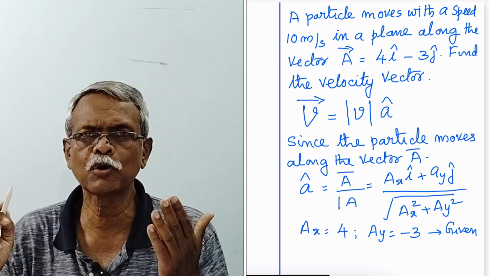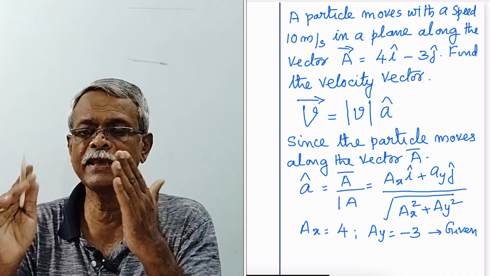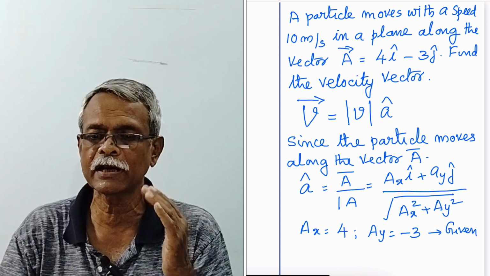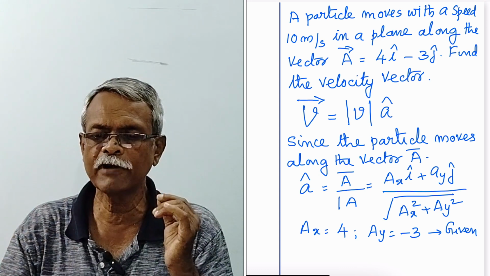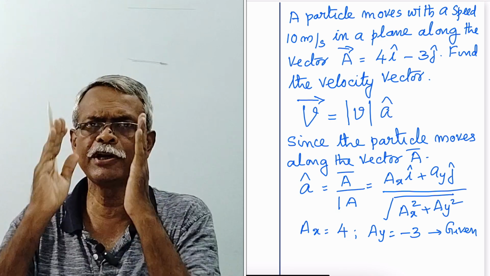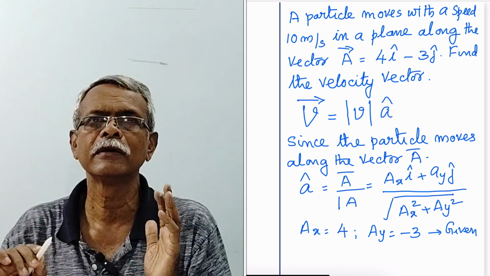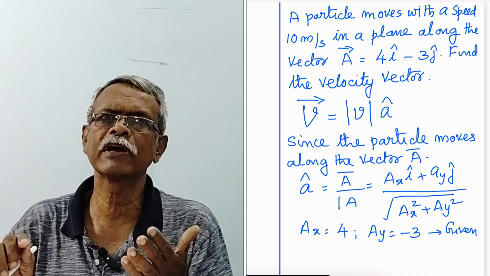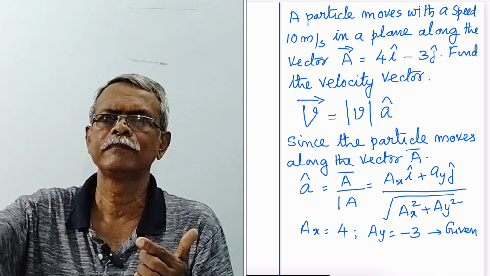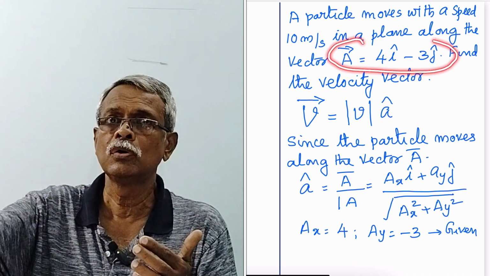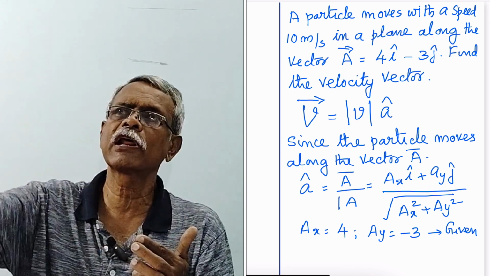If a cap is the unit vector along a, our velocity will be the magnitude of v multiplied by the unit vector along a, because the velocity is along a. Vector a we know, therefore we can calculate the unit vector along a.